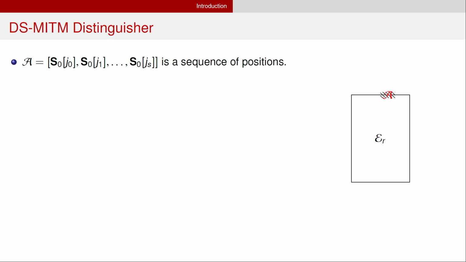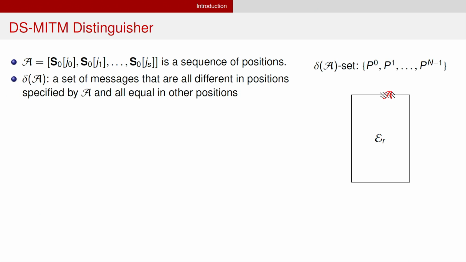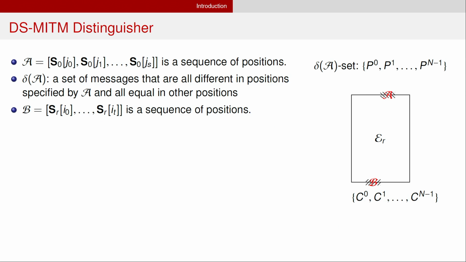To construct a distinguisher, 2 sequences of positions should be found. Assume A is a sequence of positions. Construct a delta A set of several plaintexts. These plaintexts are all different in positions specified by A and all equal in other positions.